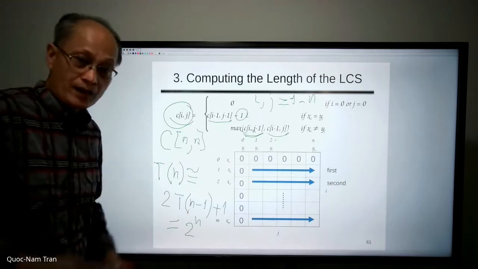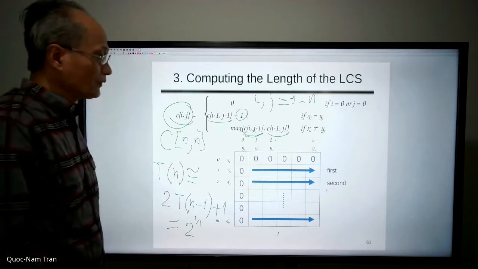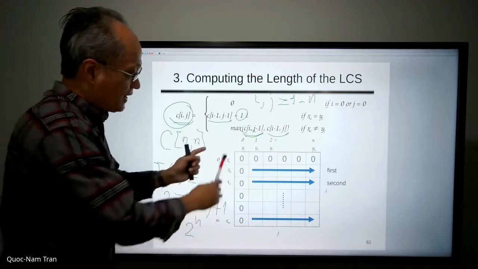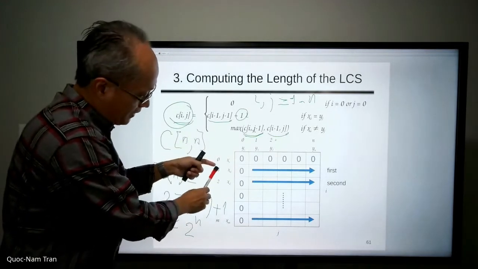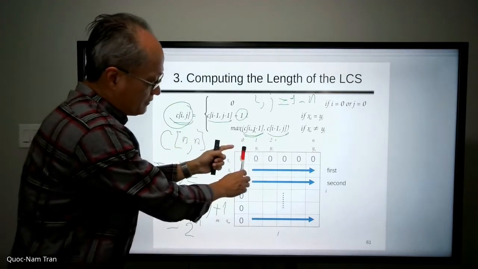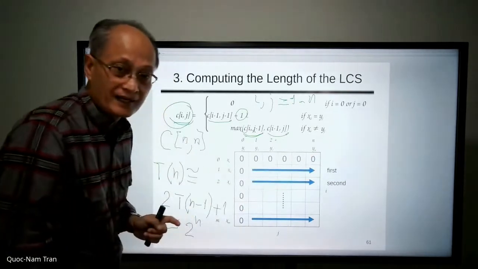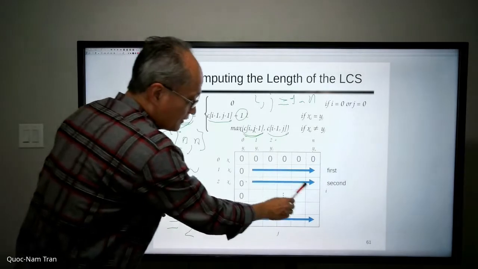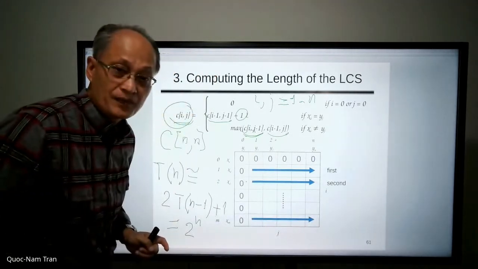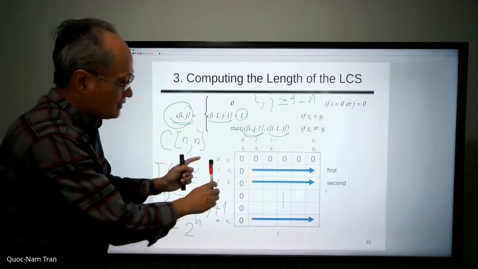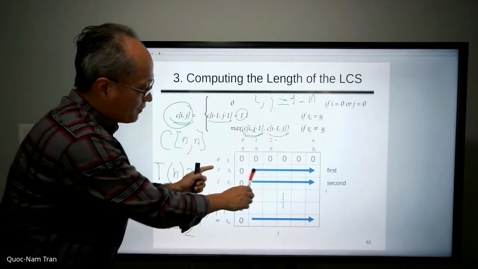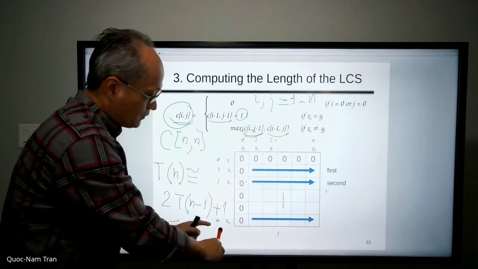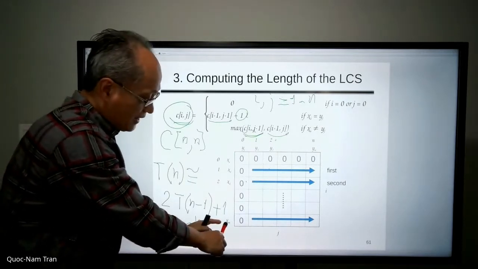Here, what we have to calculate is Cij for i from 1 to m and j from 1 to n. That means we have to fill up the table here, right? C1,1, 1,2, 1,3, 1,4, until we have C(m, n).